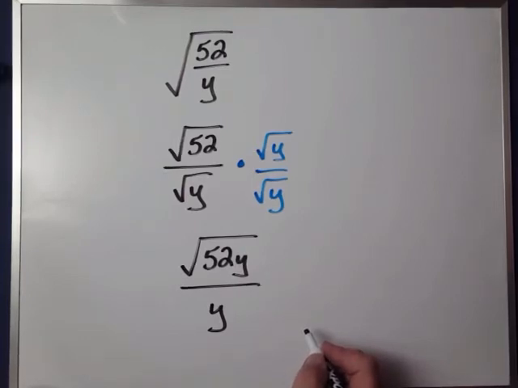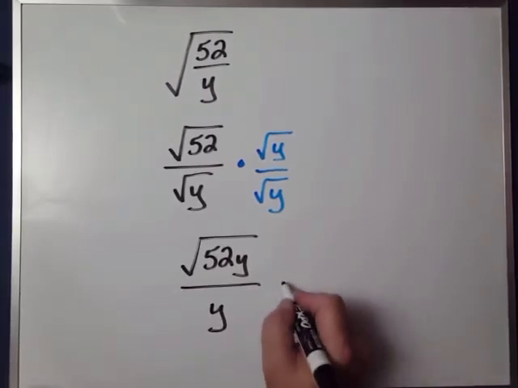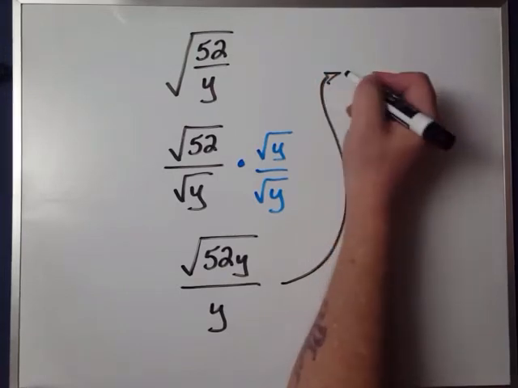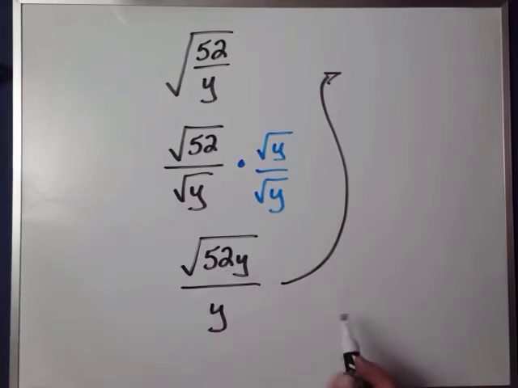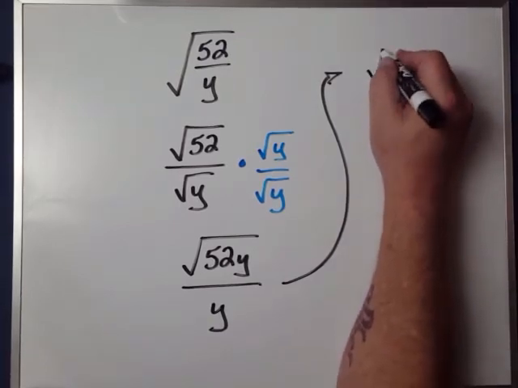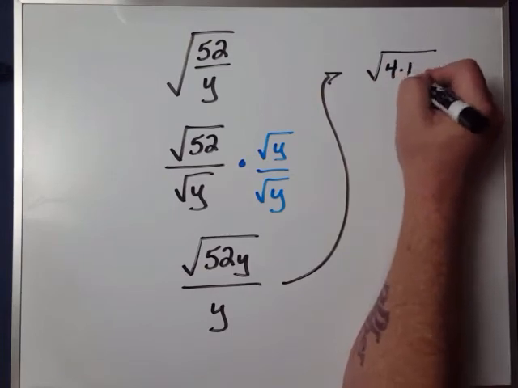Now, careful with this one. Always check to make sure that your answer is completely simplified. This one is not. Do you see why? 52 contains a factor of 4. 52 is 4 times 13.